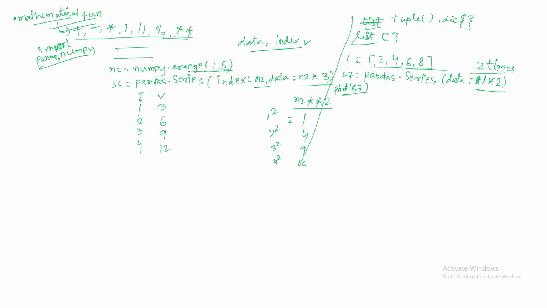This list, sequence wise. 2, 4, 6, 8, again 2, 4, 6, 8. Like this it will be displayed. And what is the index value that will come? 0, 1, 2, 3, 4, 5, 6, 7. If you want to give an index value also, you can give it. Then that order it will come. Clear, children?